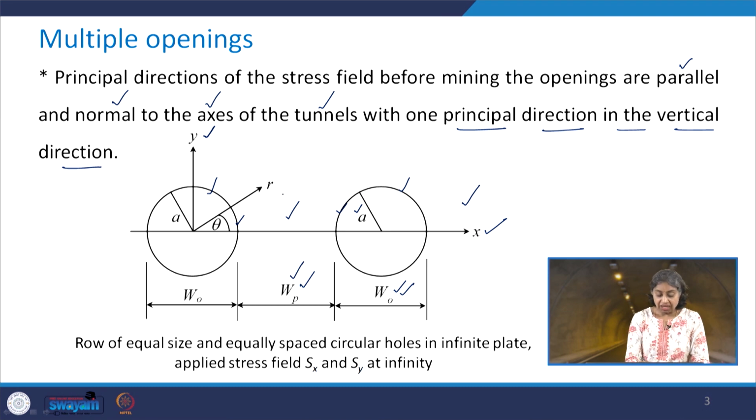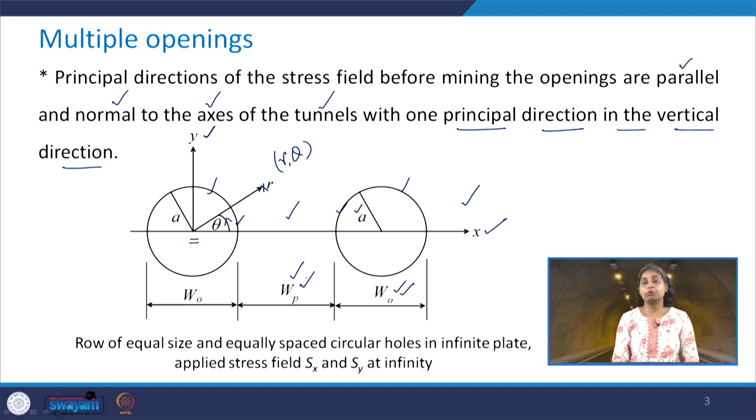Any point in the space will be represented by the coordinates r, theta, r being the radial distance from this opening and theta being the inclination of this radial distance from the x-axis. Now the authors obtained the solution.